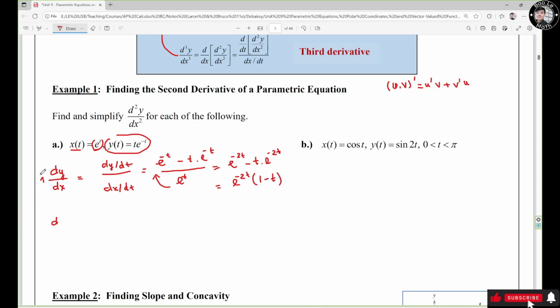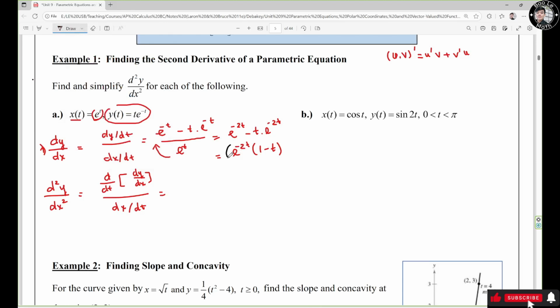So d squared y over ds squared is d over dt of dy over ds, over ds over dt. That's the formula right here.